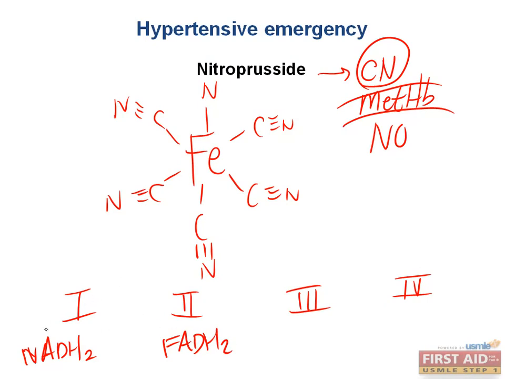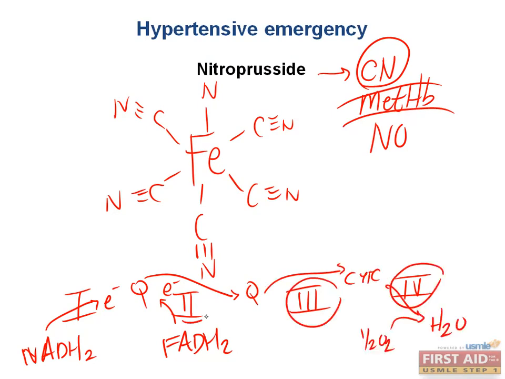They donate electrons to these complexes, and there's a very important way that they are transported in between complexes, and that is by very important elements that we will discuss in 1 second. So again, there are 4 complexes that are part of the electron transport chain. Thank goodness they named them 1, 2, 3, and 4.